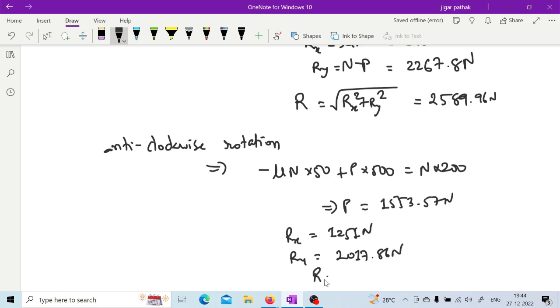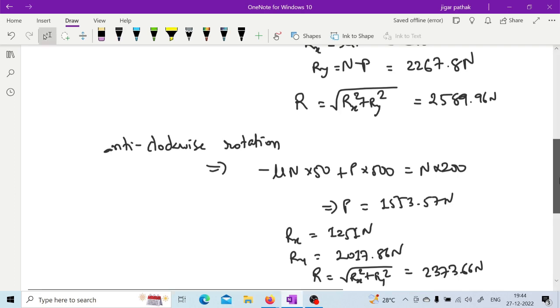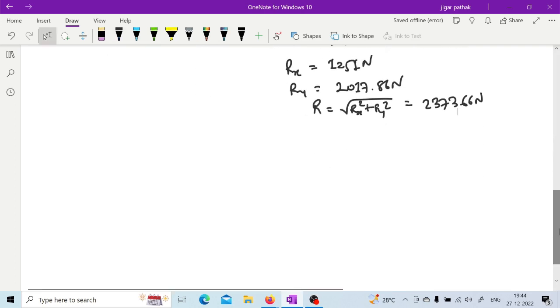So this will again give you that new reaction, that is Rx square plus Ry square, so it will be around 2373 almost. So are you getting the same? Yes, sir. Okay. Now these are the first two things, right? For clockwise rotation and anti-clockwise rotation, you need to calculate these reactions.